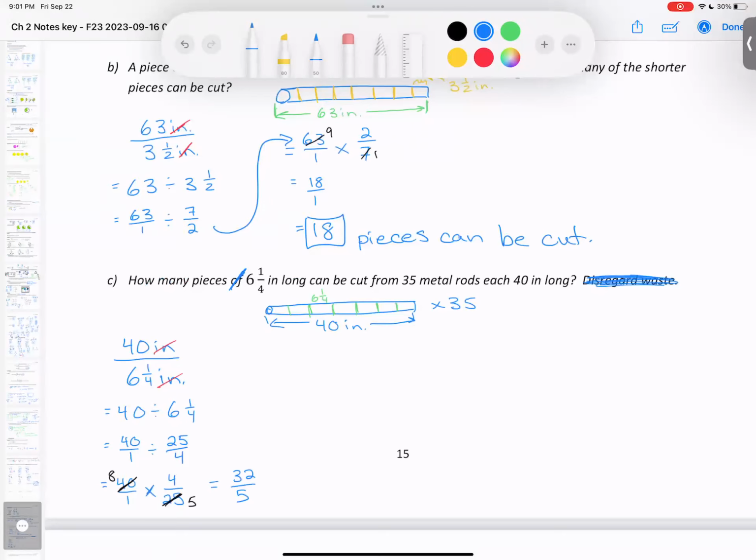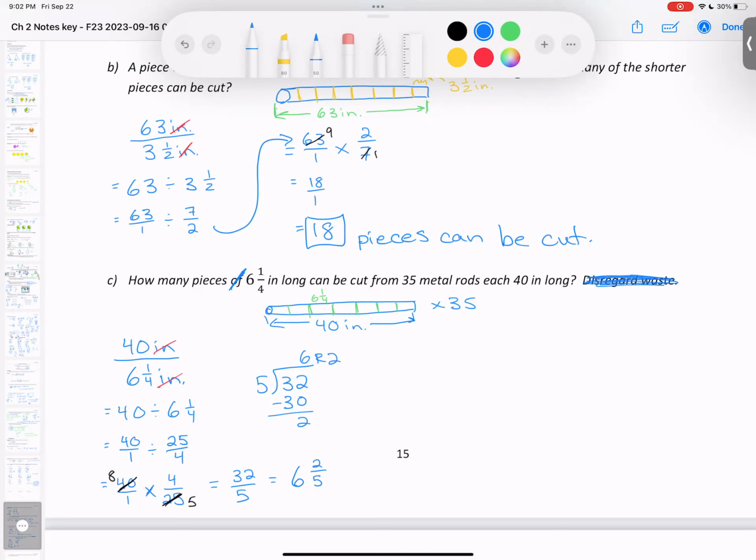For me to kind of visualize how many pieces we're going to cut, I would rather see that as a mixed number. So let's convert that to a mixed number. So we do the division, 32 divided by 5. We can go 6 times, and that's going to leave us with 2 left over. So the mixed number then is 6, and then our remainder 2 over our divisor of 5. So 6 2/5 pieces can be cut from every rod.